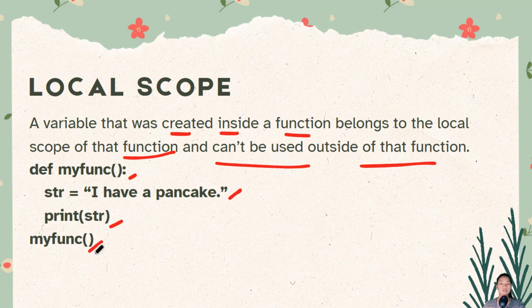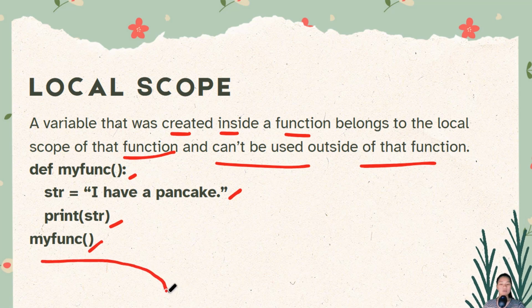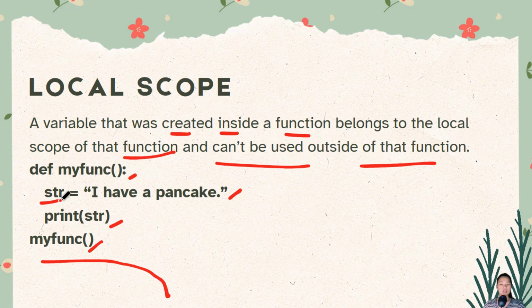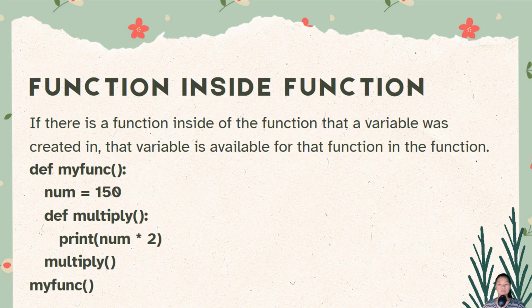And this will return, naturally, I have a pancake, okay? But if you were to create a whole separate function down here using string, and you try to call it or print it, it will not work and it will give you an error.